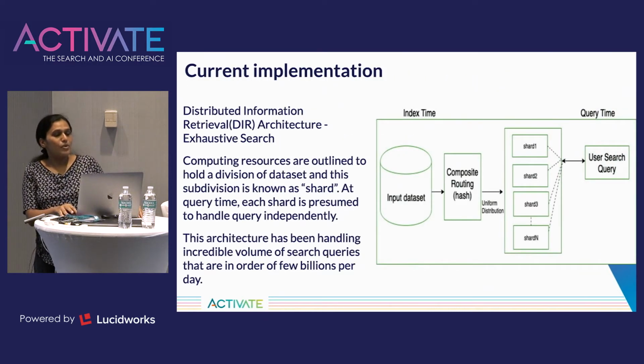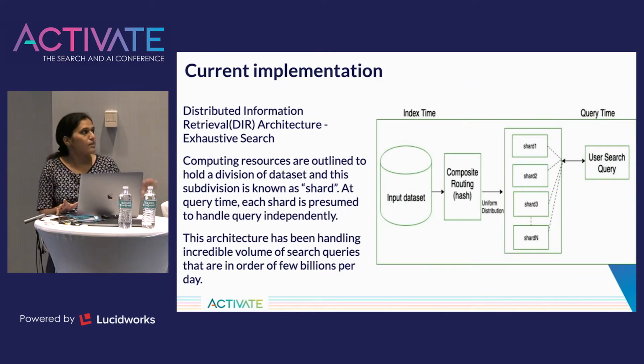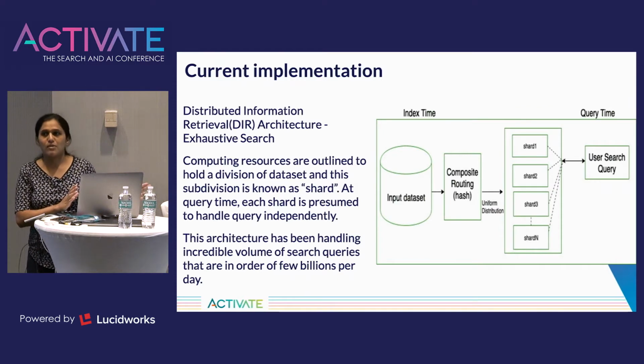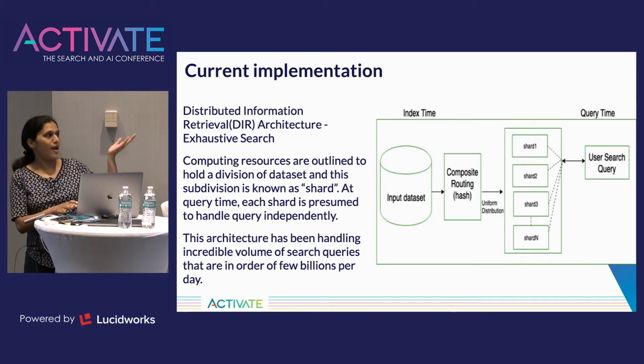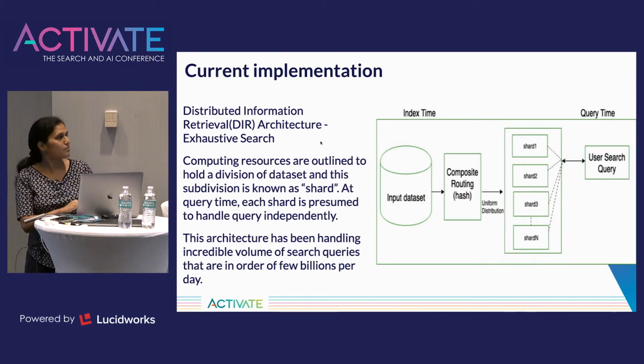Okay, so the current implementation I'm talking about is mostly Solr, but it should apply to Elastic as well. The one that I have done is Solr, so the terminologies I use are mostly Solr. The current implementation is that you have the data set, and then you have a SolrCloud, and you start ingesting.